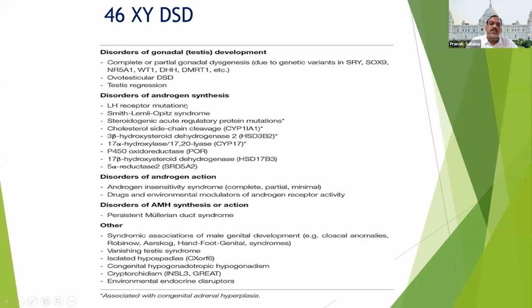In the androgen synthetic defect, there are several causes like LH receptor mutation, Smith-Lemli-Opitz syndrome, StAR protein deficiency, that is steroidogenic acute regulatory protein, cholesterol side chain cleavage deficiency, 3-beta HSD2 deficiency, 17-alpha hydroxylase or 17-20 lyase deficiency, P450 oxidoreductase or POR deficiency, 17-beta HSD3 deficiency, and 5-alpha reductase 2 deficiency.